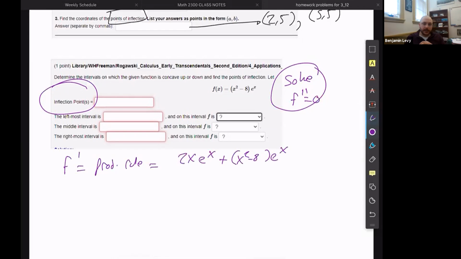Derivative of e to the x just stays the same. And the other one's a power rule. And then when we do f double prime, it's just 2 product rules. I know this is the kind of thing where people start rolling their eyes and being like, wow, I can't believe this is so annoying. It's really not that bad, especially if you just understand the general rules. And once we move forward with it, it's not going to be bad either, trust me.